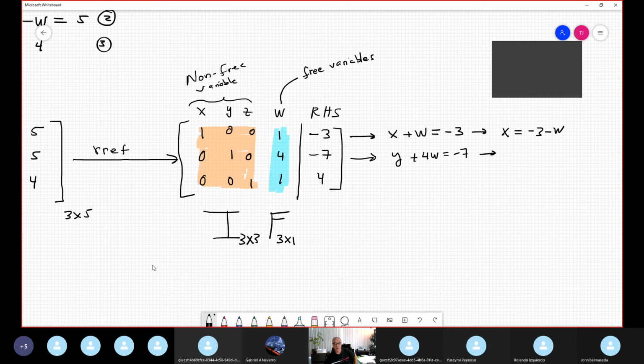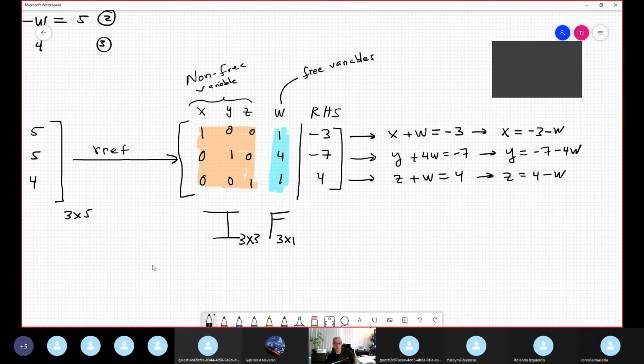Therefore Y alone is -7 minus 4W. And the third one is Z plus W equal 4. Therefore Z alone is 4 minus W.